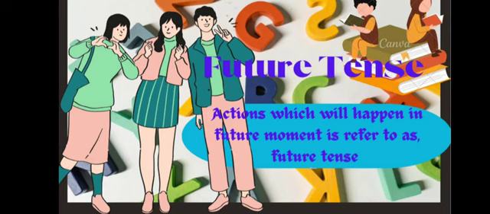So the actions that you will do a moment later will fall simply in future tense. Or similarly, if I ask you what your age is now, you will say that your current age is 15.